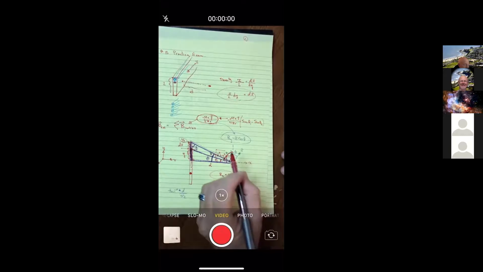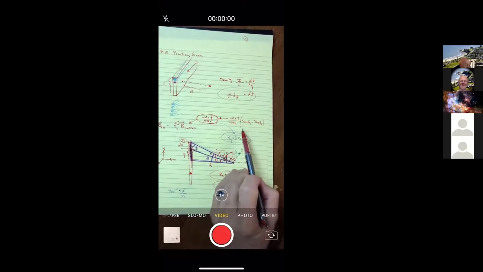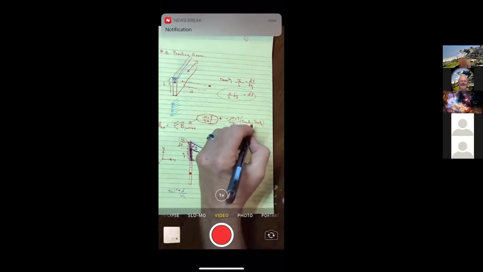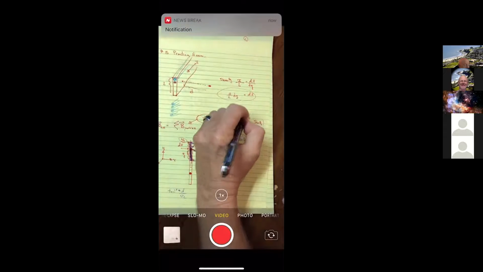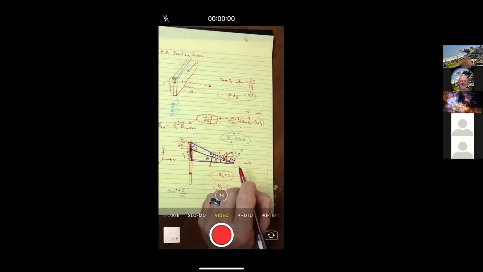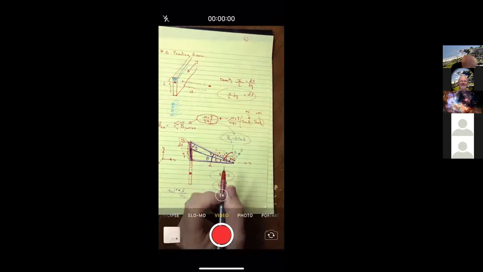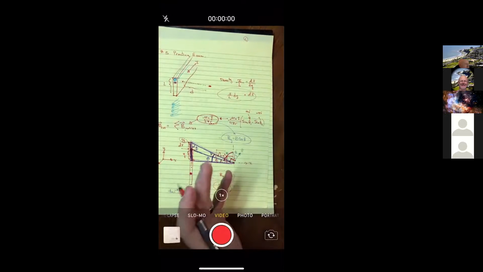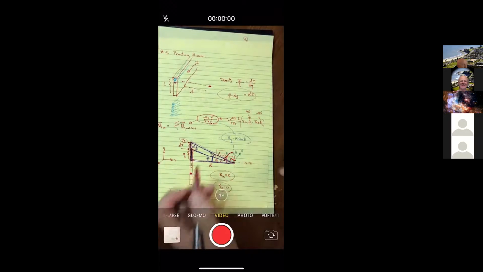We can do the sine or the cosine form, but this is actually the equation for a wire. And if the wire goes really, really long, we can replace this angle with 90 degrees and this one with negative 90 degrees. Technically, it has to be infinitely long to be 90 degrees, but in practice, if it's super long and this angle is 88 degrees, that's close enough.